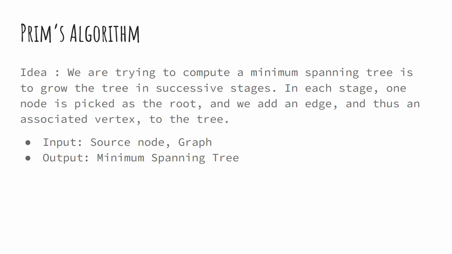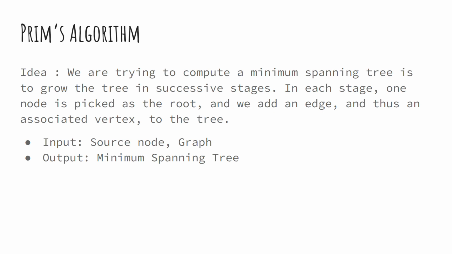Alright, so let us try to understand Prim's algorithm first. So the main idea of Prim's algorithm is that we are trying to compute a minimum spanning tree in successive stages, where in each stage we pick one node as the root, and then we basically add an edge and thus an associated vertex, and then we'll keep adding the minimum edge.